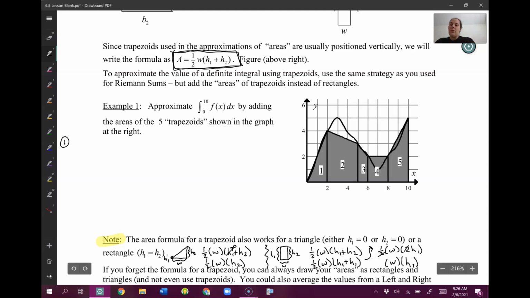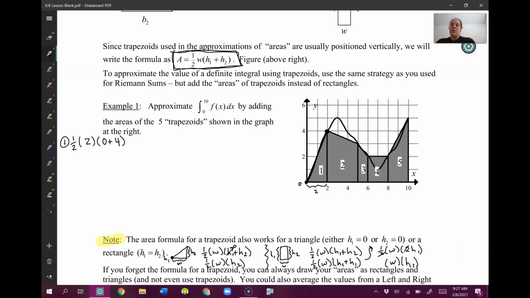So let's go through. I will do the first one, and then I'm going to have you pause the video to do the other 4 and add them all together. So we've got 1/2 times our width. It looks like our width there is 2, times our first height, which is going to be 0, plus our second height, which is up here at 4.